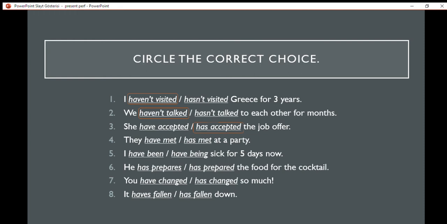She has accepted the job offer. 4. They have met at a party. 5. I have been sick for 5 days now. 6. He has prepared the food for the cocktail. 7. You've changed so much. 8. It's fallen down.